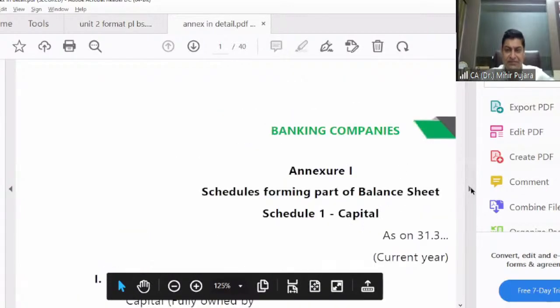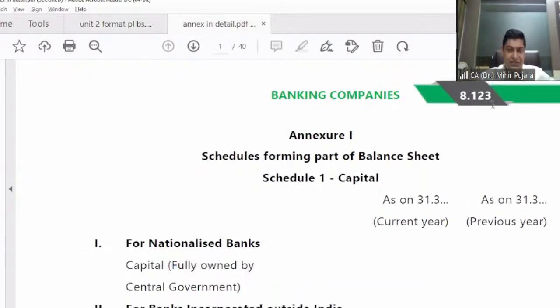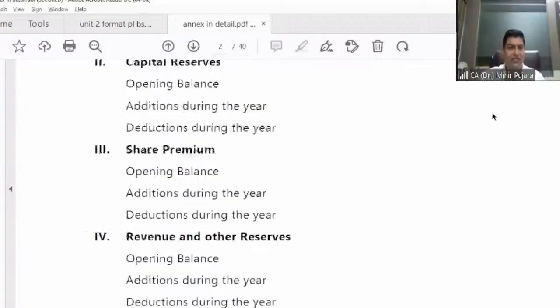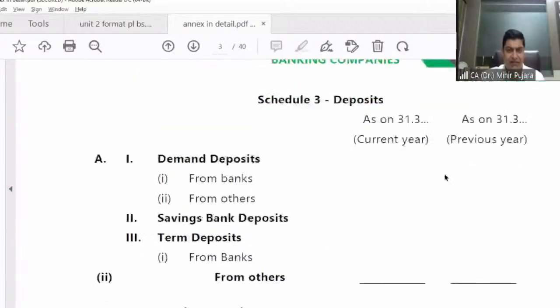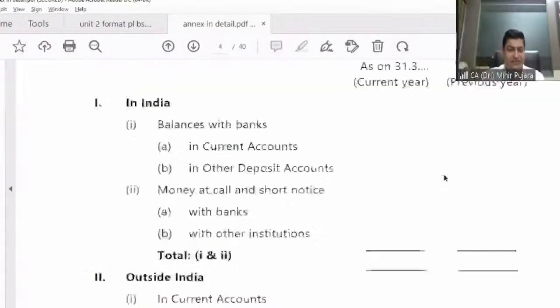First there are all the balance sheet schedules and then the profit and loss schedules. So we will start with schedule 13.